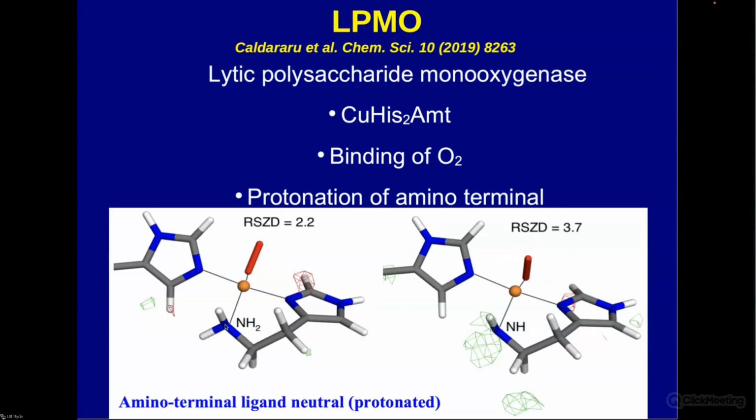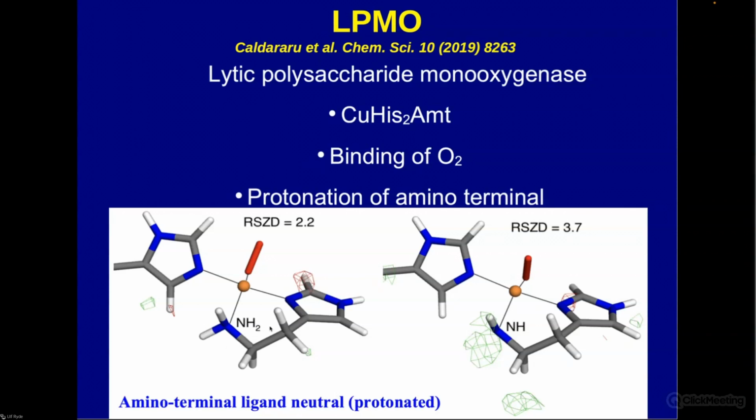For this structure, there was a superoxide or peroxide structure, which the crystallographer suggested showed a doubly deprotonated amino terminal, so an NH minus group, whereas a more chemical interpretation would be NH2, singly deprotonated and neutral. This is neutral, this is negatively charged.